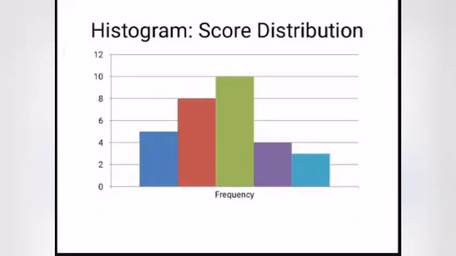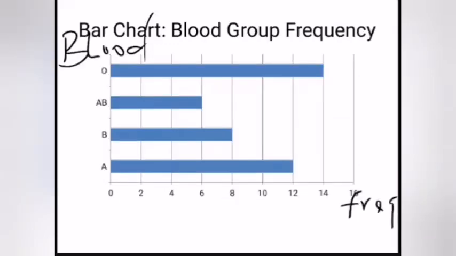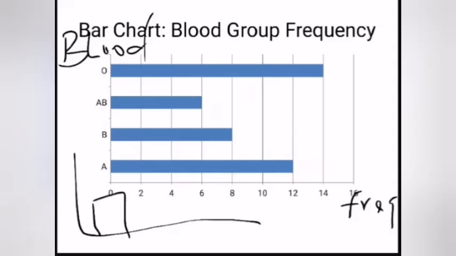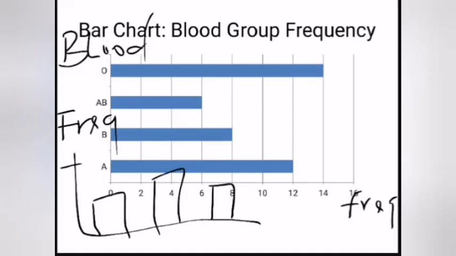The same thing goes for your histogram. This is for bar chart. This bar chart can also be like this. It doesn't matter where it's facing. Your bar chart can also be like this. And then here is your blood group and here will be the frequency, because the numbers will now be here as 8, 6 or anything, 4.